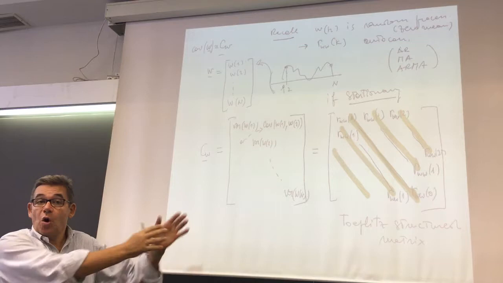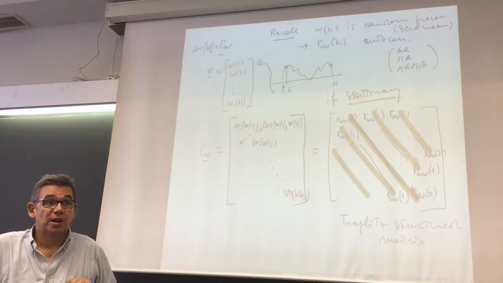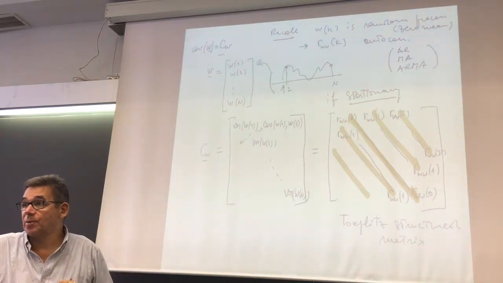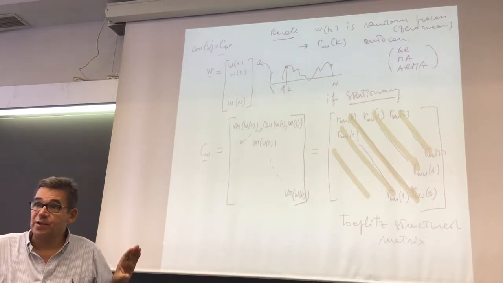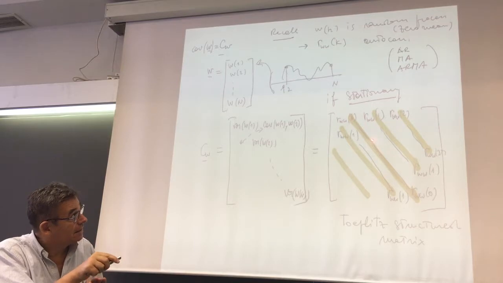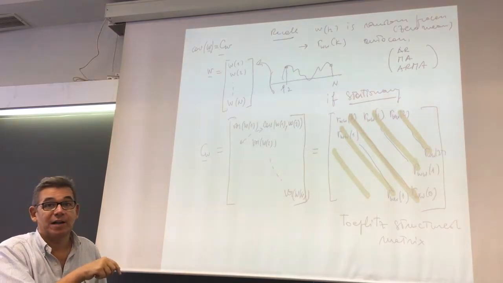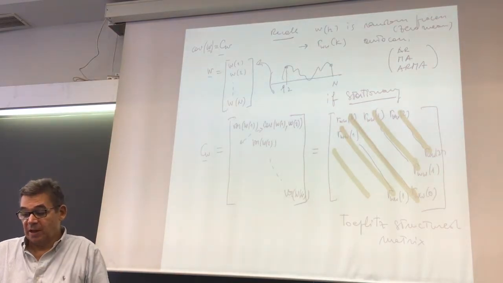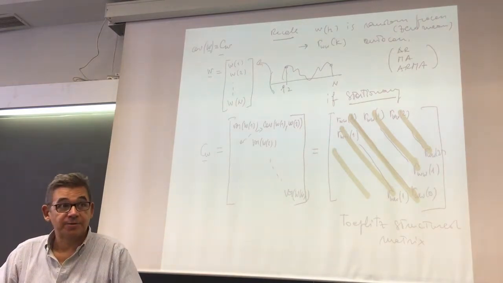If we know how the noise has been generated and we know some correlation properties of the noise, we can get the structure of the corresponding covariance matrix. So it's not something that you cannot get.